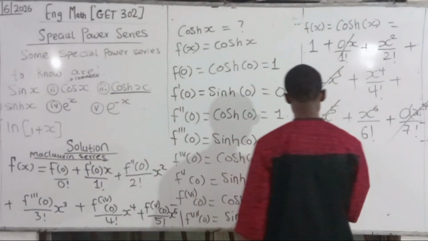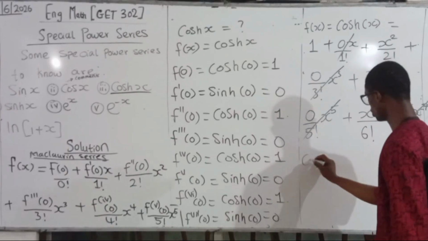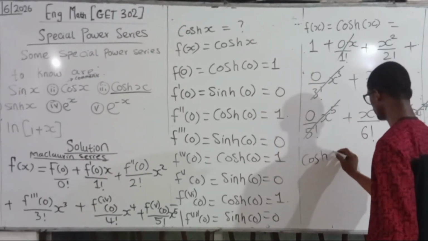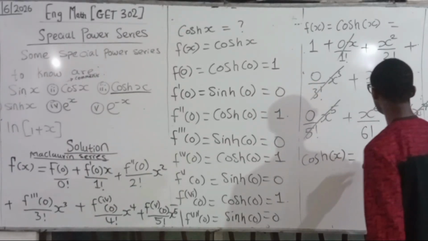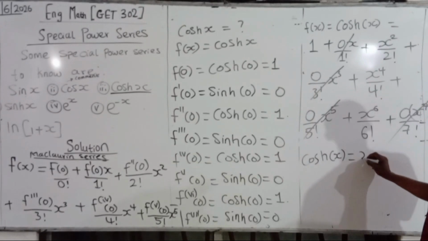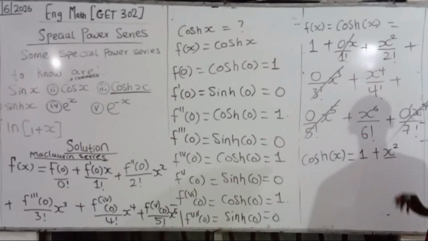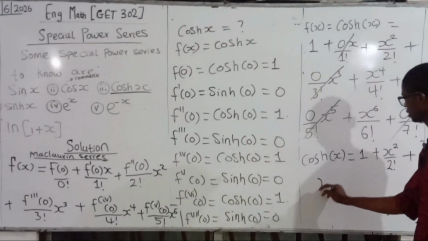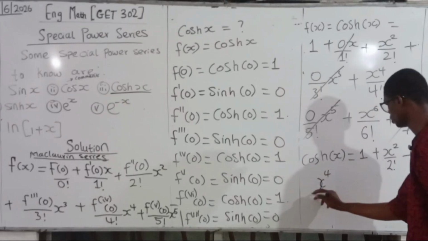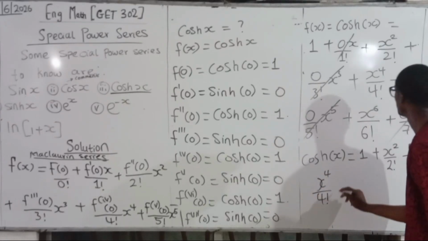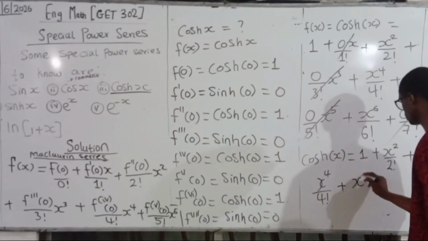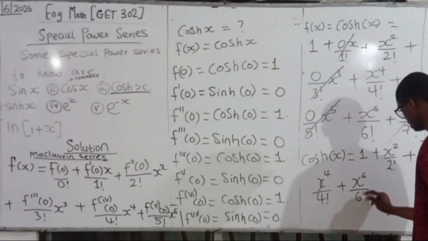So when they go out, you have cosh of x being equal to 1, to start from 1, plus x to the power of 2 all over 2 factorial plus x to the power of 4 all over 4 factorial plus x to the power of 6 all over 6 factorial.